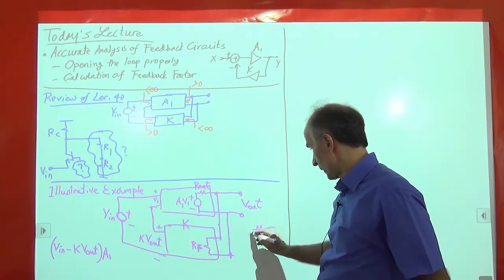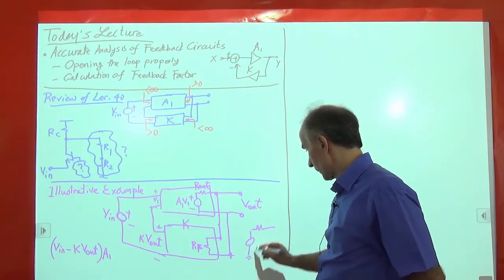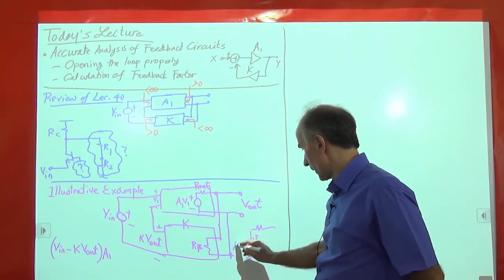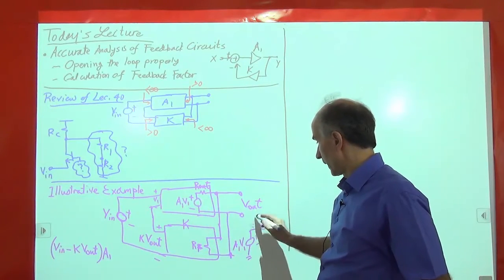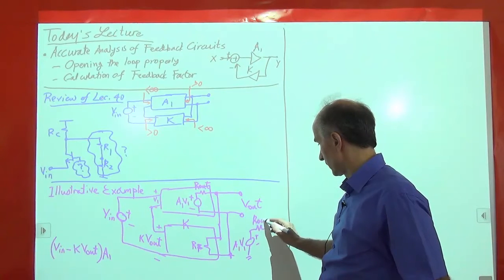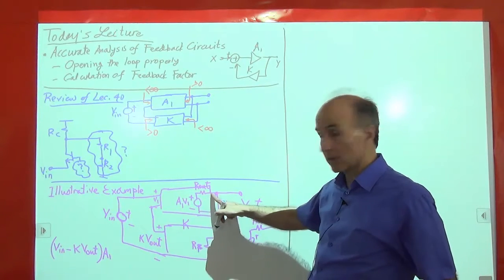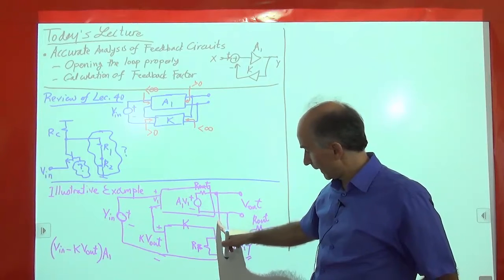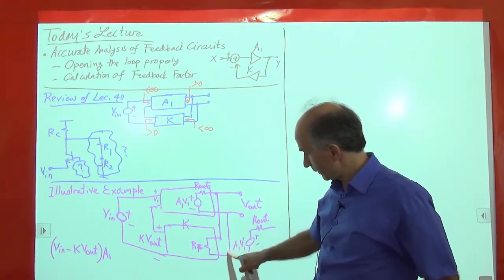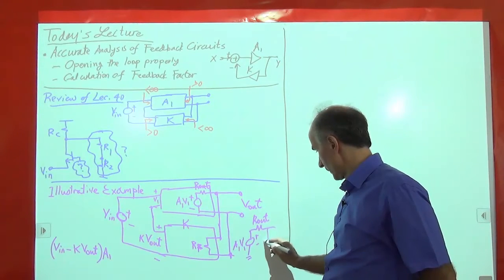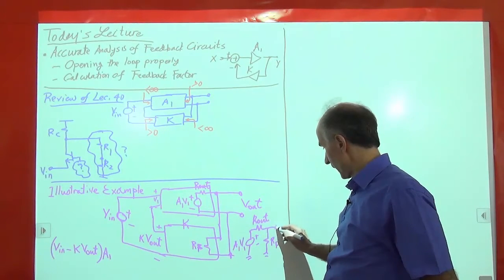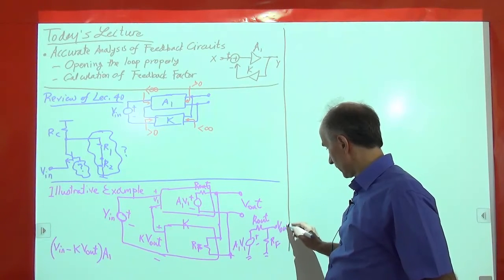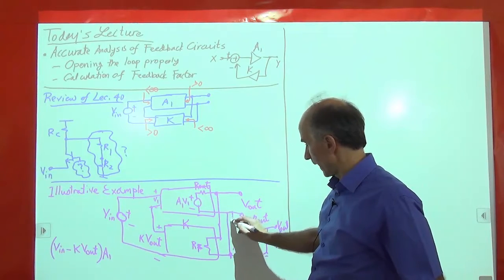Here's what we call A1 V1, this guy. Then I have R out, this resistor, and then I have a resistor to ground, so that's RF. And this is V out, right? I'm assuming that you can call this node ground.